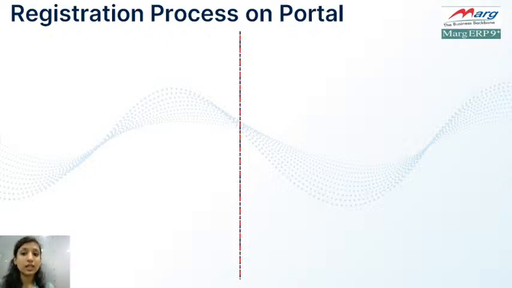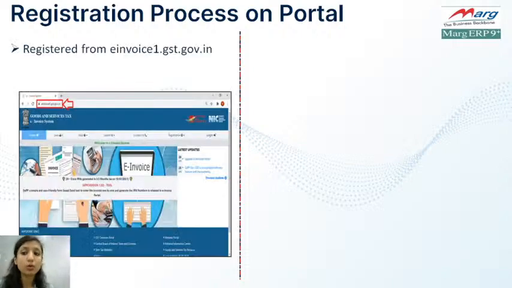The next topic covered in the session is what exactly the registration process on the IRP portal is. For this, firstly, you need to visit the IRP portal site, that is einvoice1.gst.gov.in.